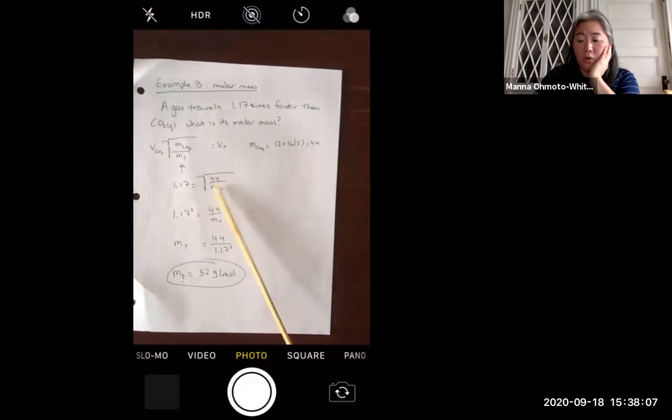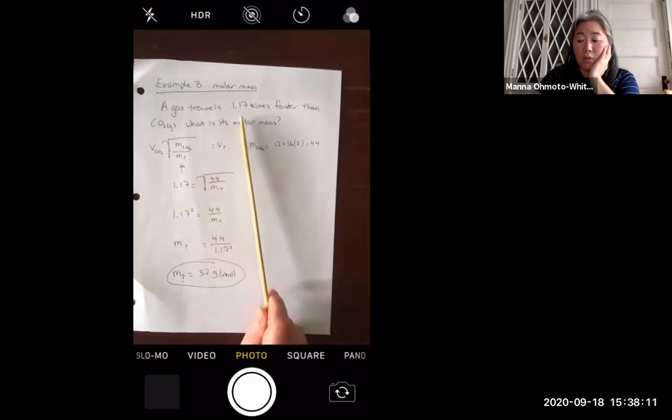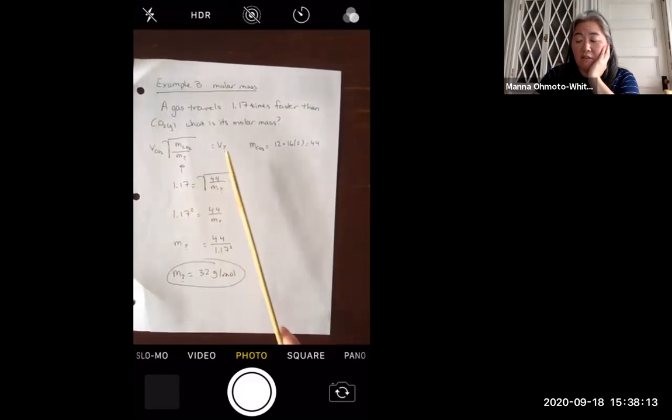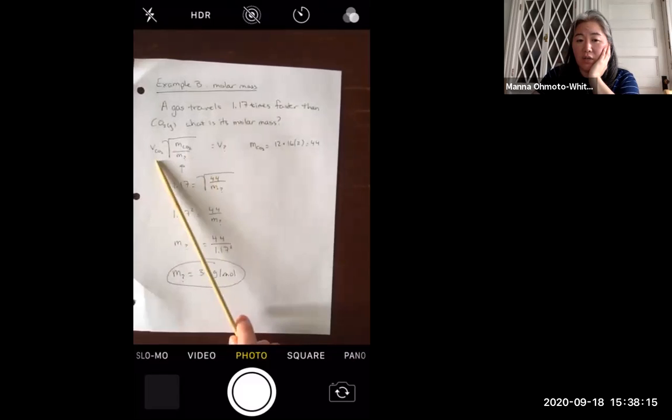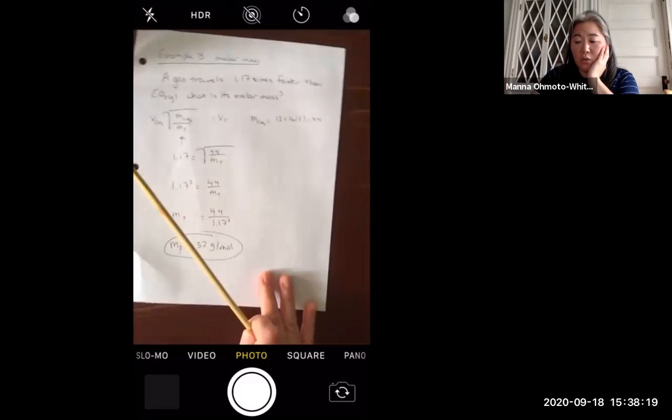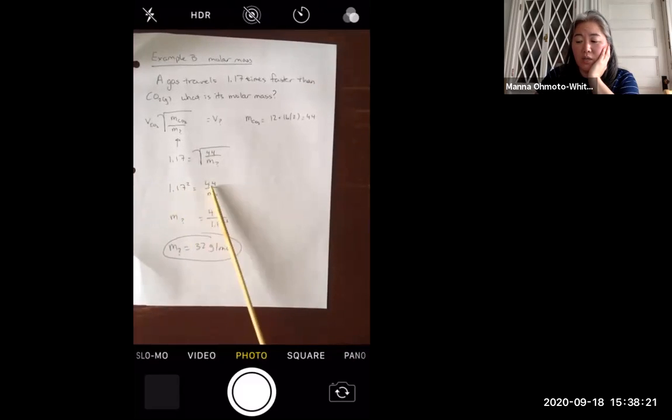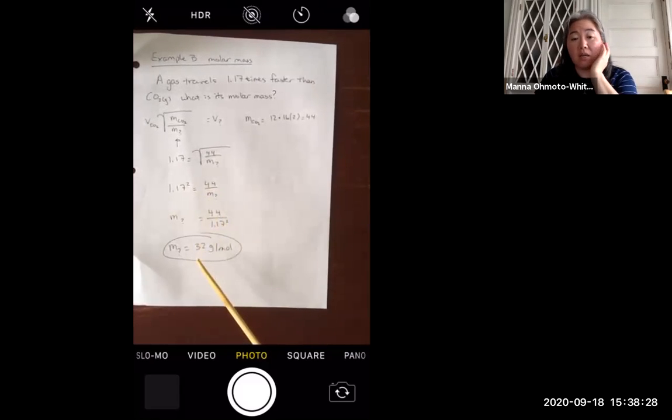So I put 44 over the unknown mass, m, and the proportion is 1.17, the velocity of this gas over the velocity of carbon dioxide. I'd like to get rid of the square root, so I square both sides. So 1.17 squared is equal to 44 over m. So the mass of my unknown gas is going to be 32 grams per mole.